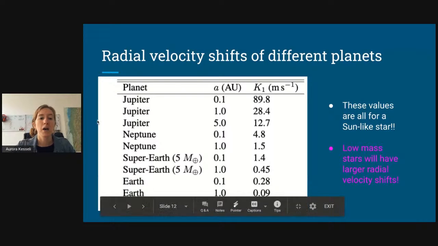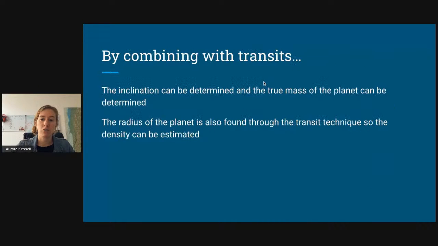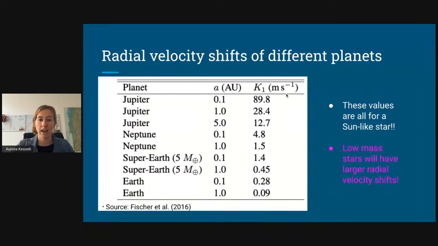This is a paper from Debra Fischer in 2015, and she calculated the K1, if you remember, K is the star's semi-amplitude in the velocity.